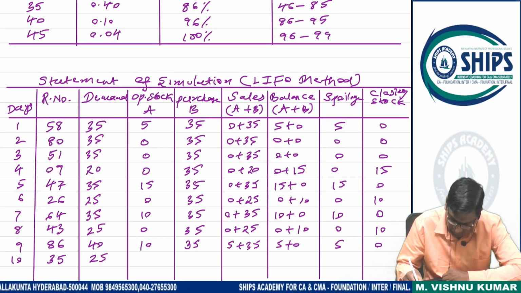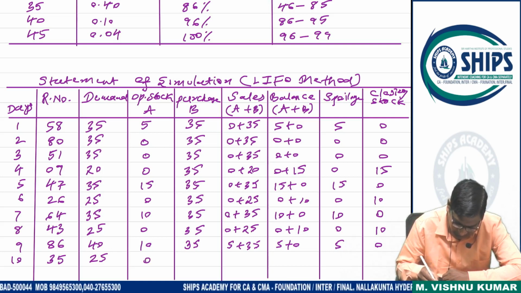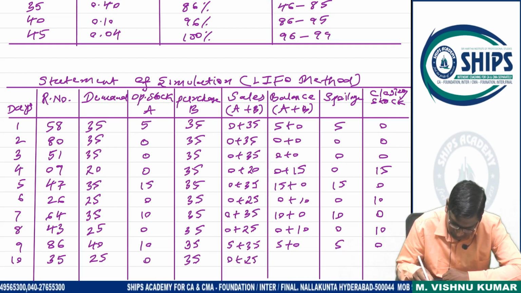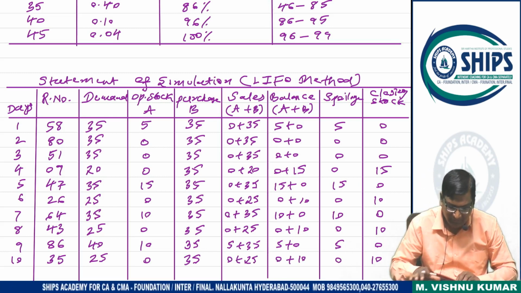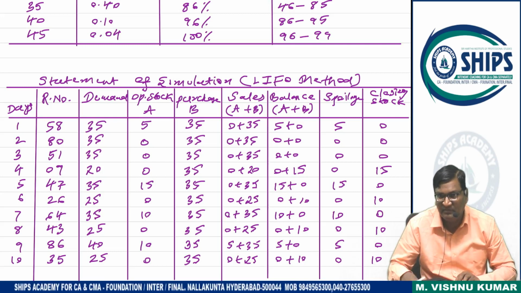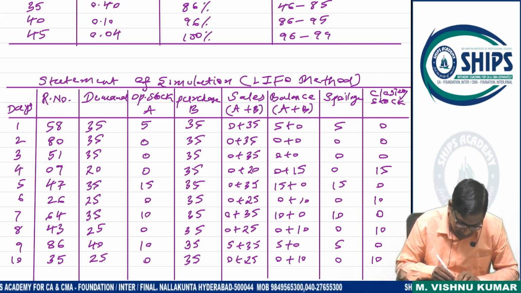Now out of 10, 5 sold now, so only 5 spoiled. Correct. Next. That's it. So main columns are important. Columns correctly prepare, smoothly answer will come. Clear?